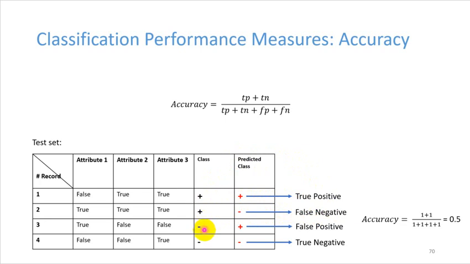When the actual label was negative and we predicted positive for that record, we call this a false positive. And when the actual label of the data is negative and we've predicted negative, we call this a true negative. And based on the formula, we can calculate the accuracy. Here, the accuracy was 50%, for instance.